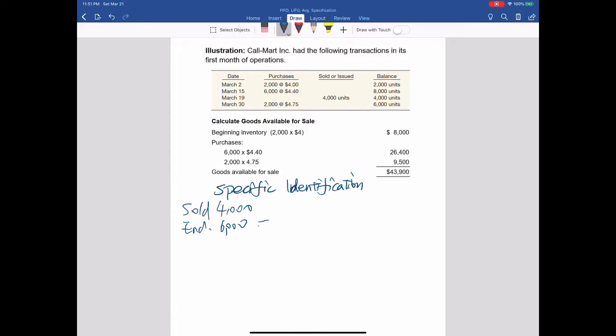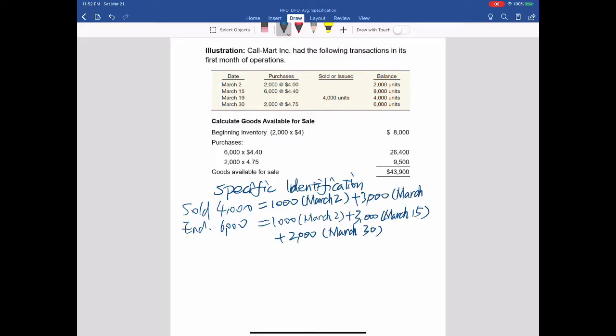Okay, so if we know 1,000 of the 6,000 units are from the March 2nd purchase, 3,000 are from March 15th, and 2,000 from March 30th, then of the 4,000 units sold, 1,000 must be from the March 2nd purchase, and the 3,000 are from March 15th.